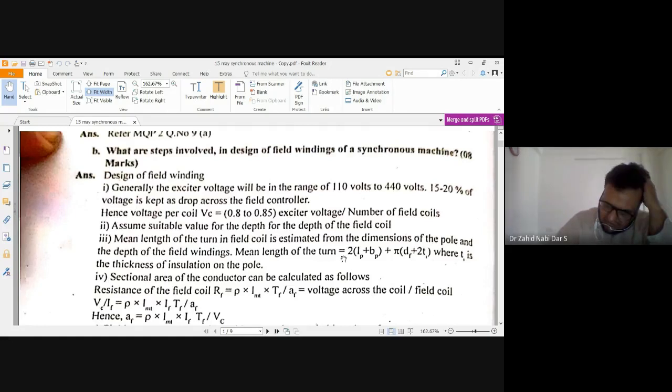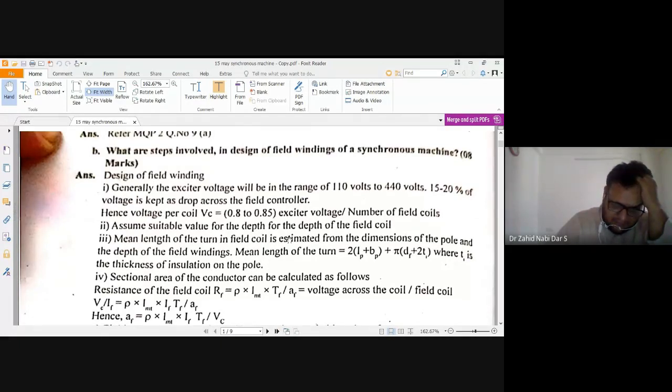So this arrangement is 2 into length plus breadth from the rectangular cross section, and this is the circular cross section. So the total length is the total circumference, where t is the thickness of the insulation of the pole. This is how the mean length is calculated.